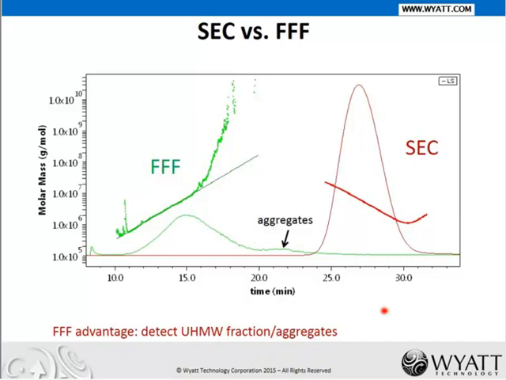So this shows FFF can detect high molecular weight fractions or aggregates that cannot be detected by the SEC column. Likely they're being removed by the SEC column, either by the column frit or by the packing itself.